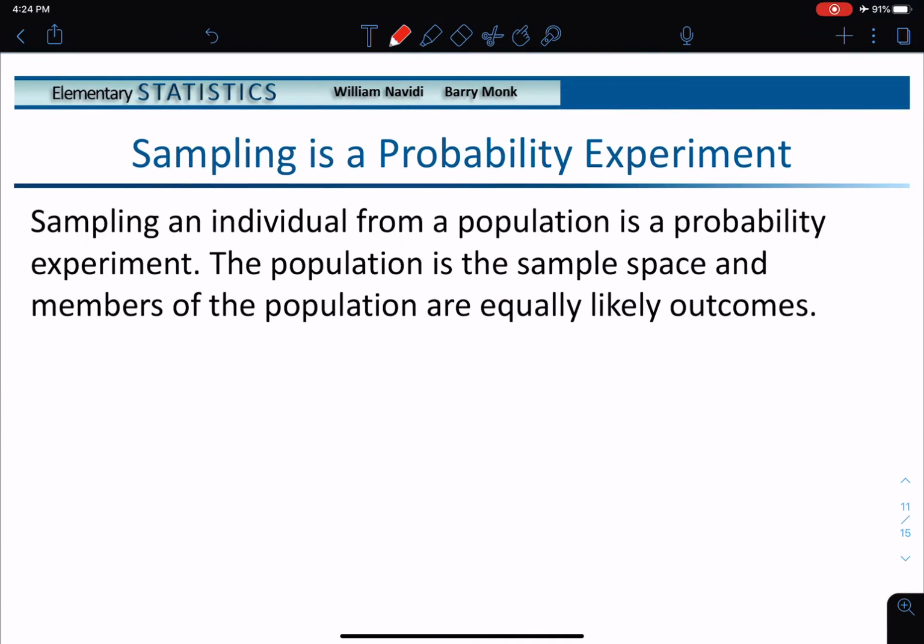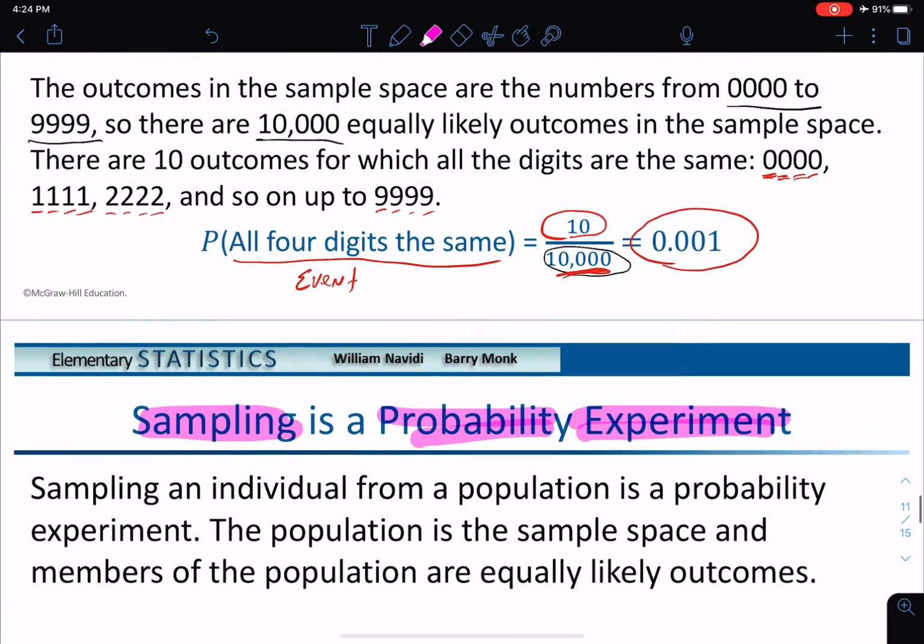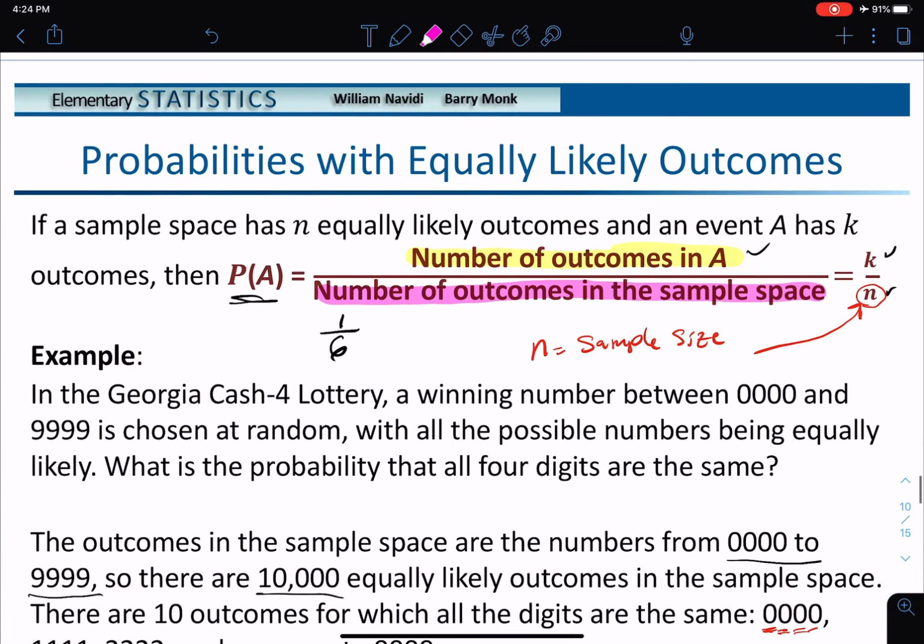As I kind of was getting to, sampling is a probability experiment. I was trying to show that a little bit by, hey, look what variable they're using there for the denominator of our probability.